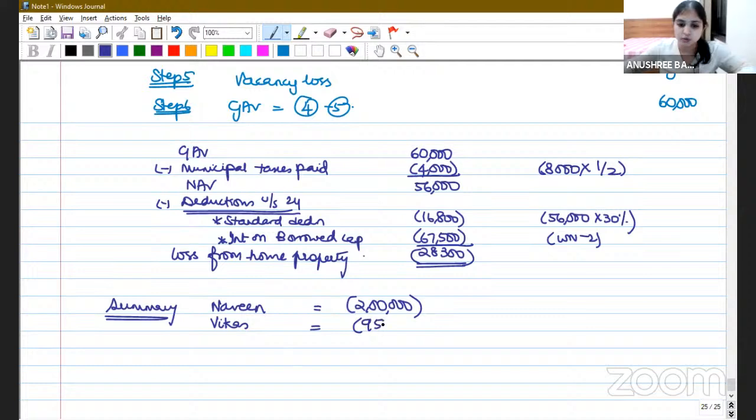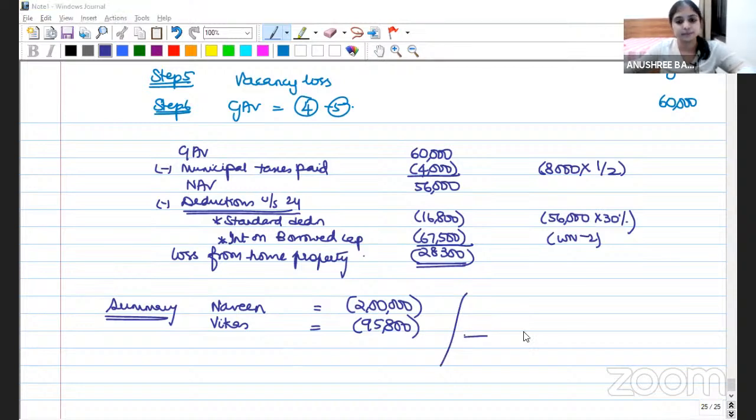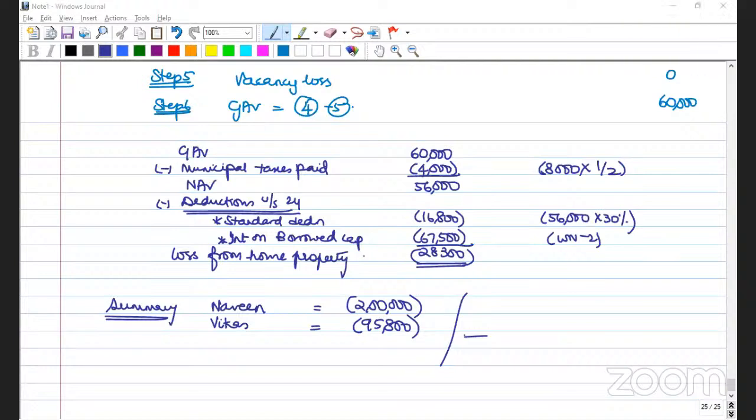So Vikas' total loss is 95,800. This is what your answer will be. Are we all following? I'll wait for a minute. In case anybody is still writing, please finish, and then we will proceed.